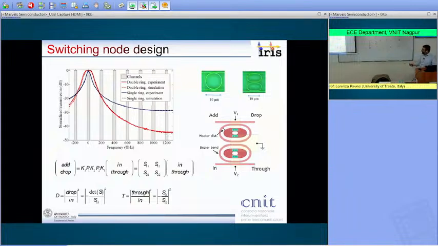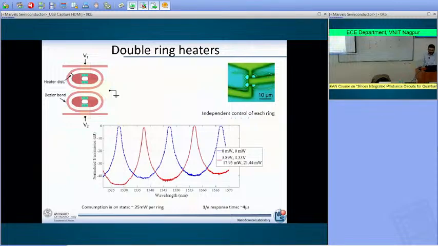Then, in order to switch the channel, so in order to trim the actual channel that we are working on, we place a heater on top of the two microring resonators. And then we demonstrated that it is indeed possible to tune the resonance position by simply injecting current, so by simply powering the single microring resonator.